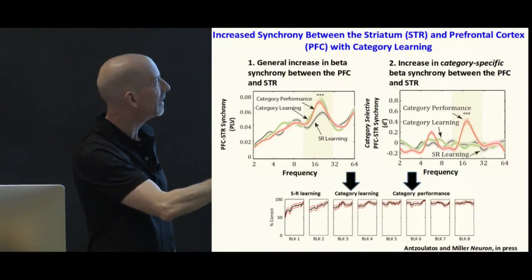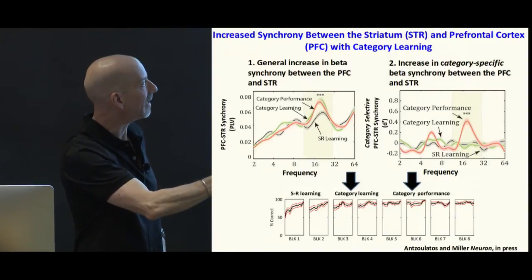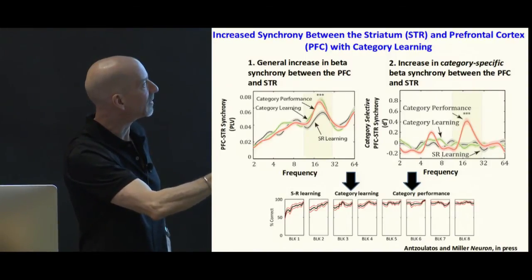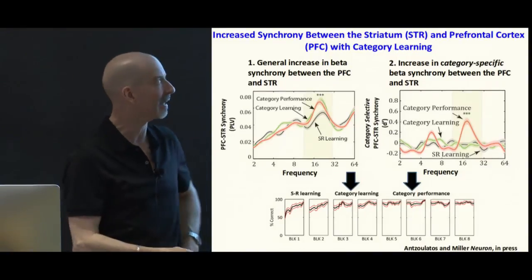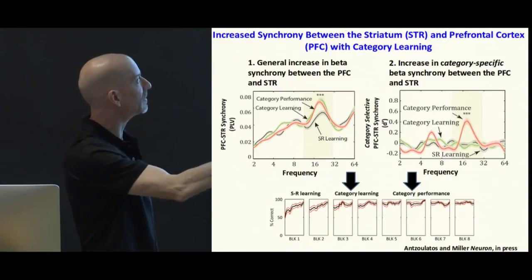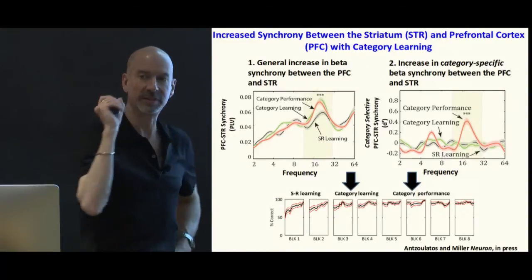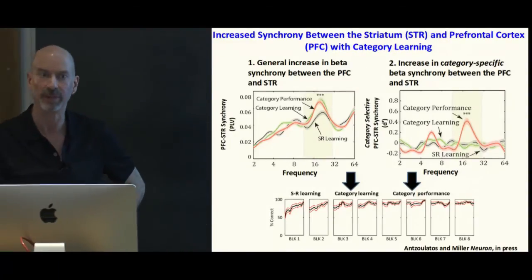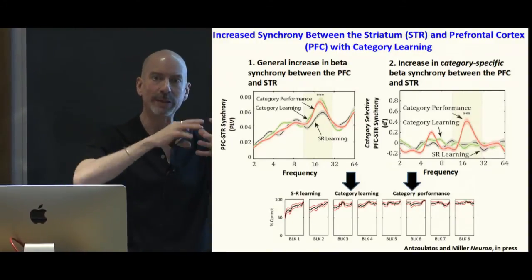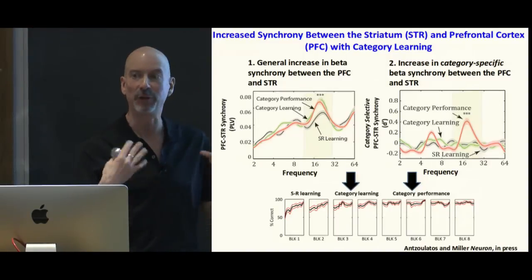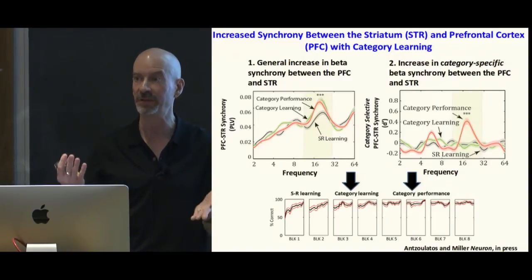And what you see is that the black line again is SR learning, the green line is category learning, and there's no change there, but when the monkey switches into category performance, when the monkey has truly acquired the categories, now there's a significant increase in category selective synchrony between the prefrontal cortex and striatum. So once again, evidence that the brain is forming ensembles, this time between brain areas, that are defined by virtue of their patterns of synchronized oscillations.